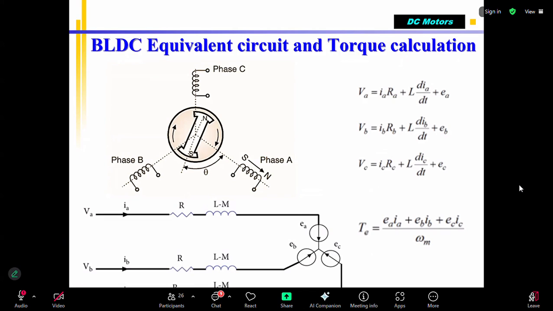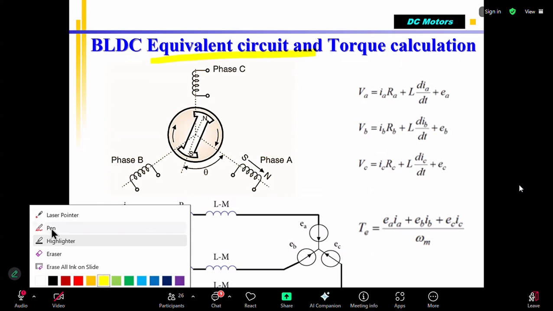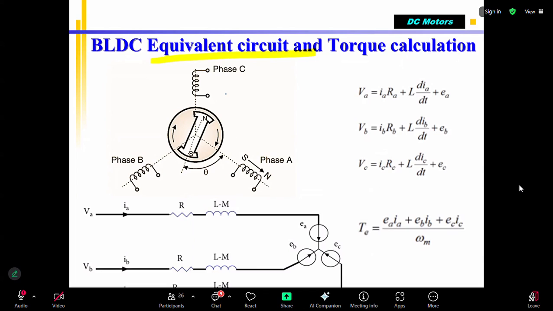Now, how to calculate the torque for a BLDC motor. This is the equivalent circuit of a BLDC motor. It has 3 coils. The coils will be supplied with trapezoidal input voltage.